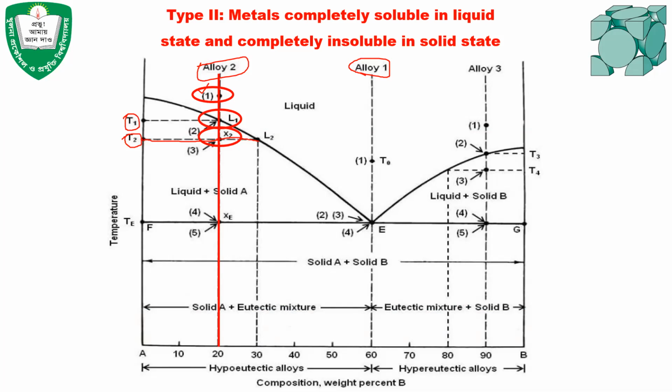The solid will have a composition of 100% A. And in the liquidus line, this point indicates the chemical composition of liquid. So liquid will have a composition of 30B, 70A. That means liquid will have a composition of 70A and 30B.